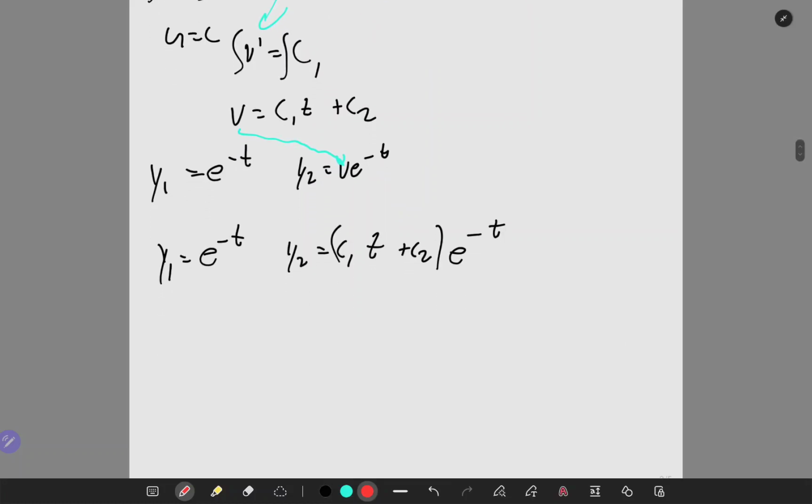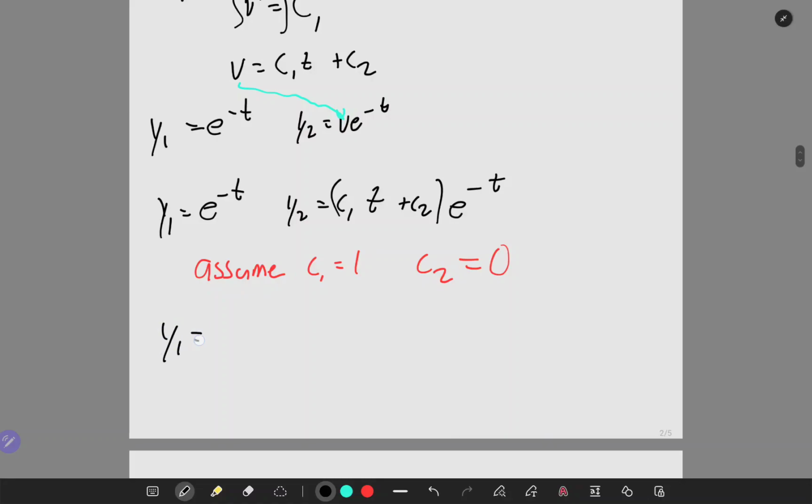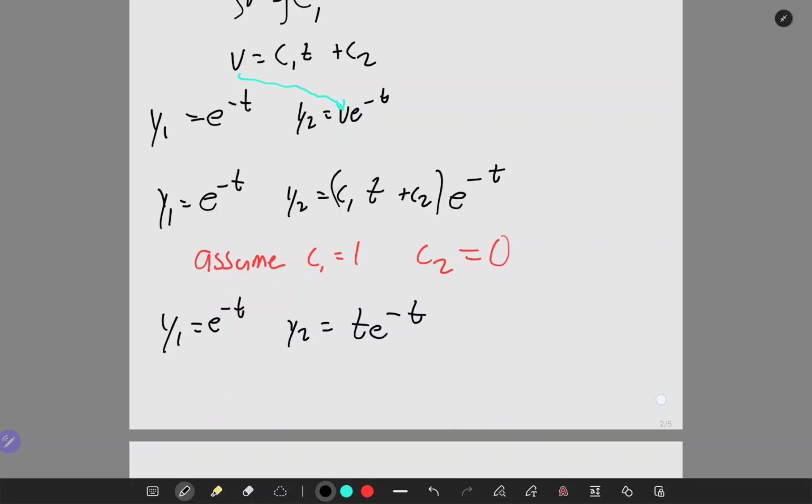Now, in reduction of order, we're going to assume that whichever constant is with the t is 1, and whichever constant is without the t is 0. So then y1 is equal to e to the negative t, and then y2 would be equal to just t e to the negative t, right?